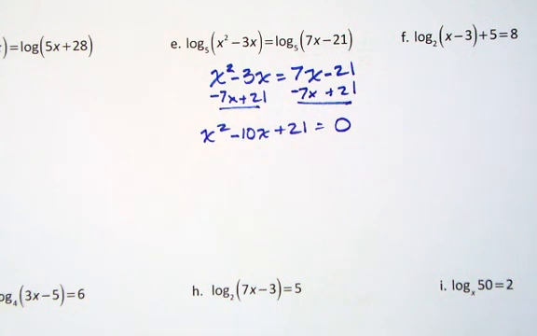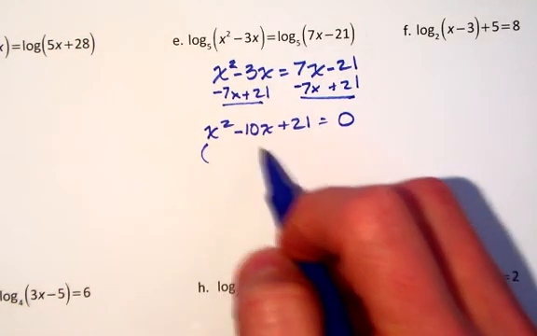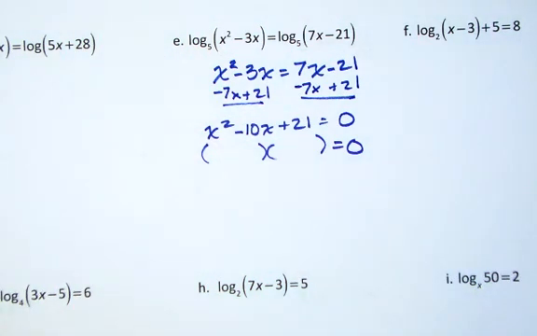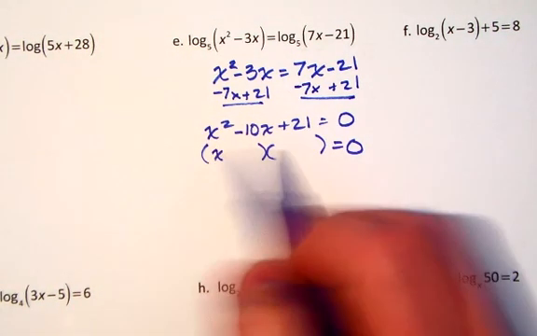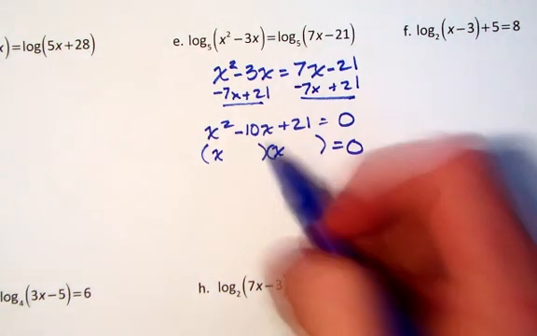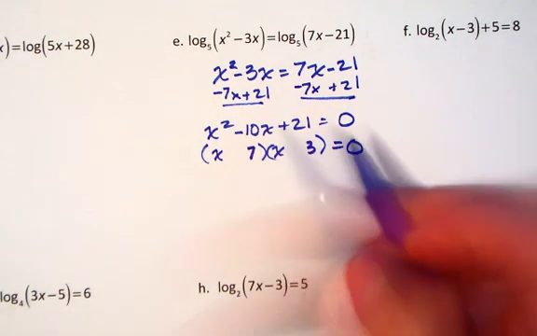Now what? Now factor. What are the two numbers? 7 and 3.